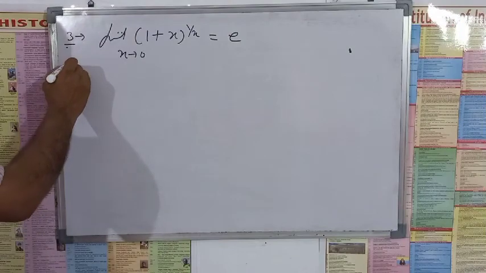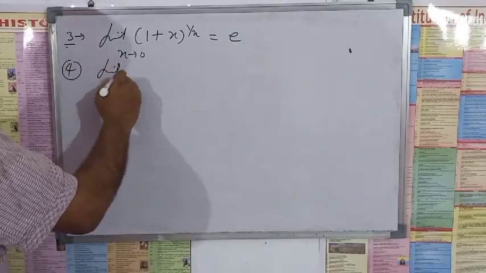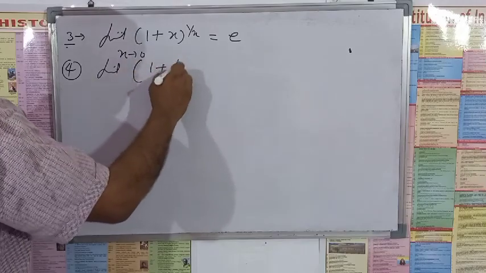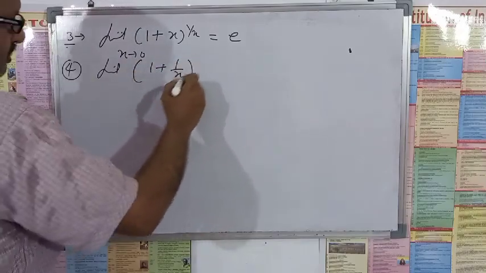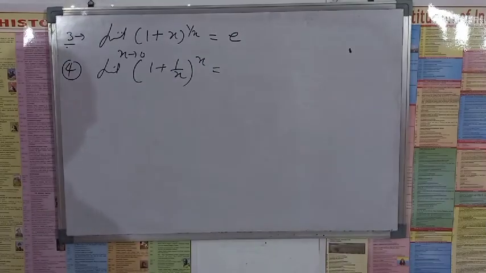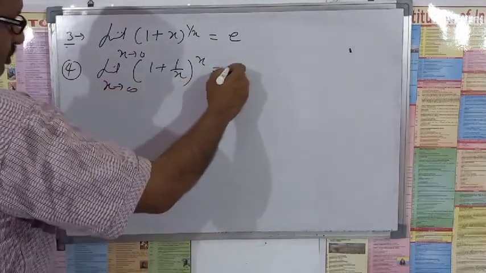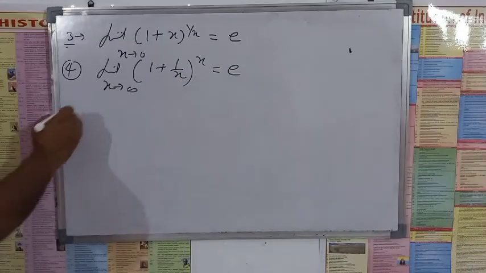Its value is e. Next is limit of (1 plus 1 by x) to the power x, and here x tends to infinity. Its value is also equal to e.